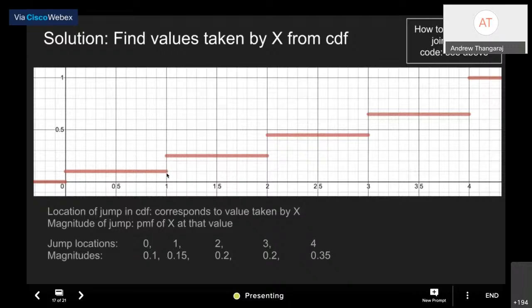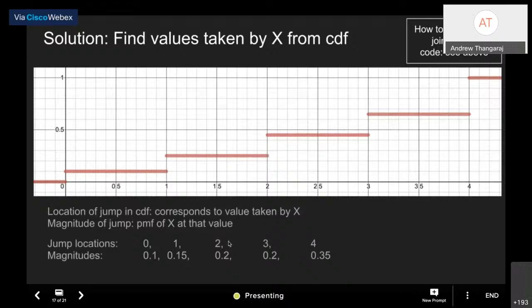Now, what is the probability that x equals 1? There is a jump from 0.1 to 0.25. So the magnitude of the jump is 0.15. So that's the probability that x equals 1. The same thing you repeat at every place it jumps. The jump at 2 is from 0.25 to 0.45.